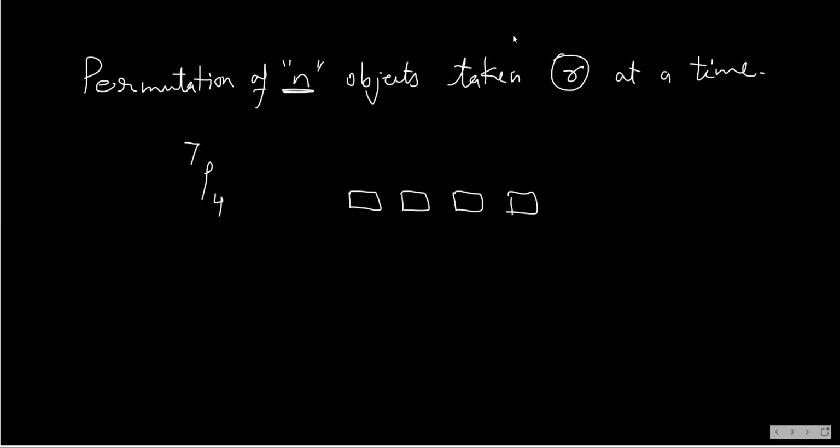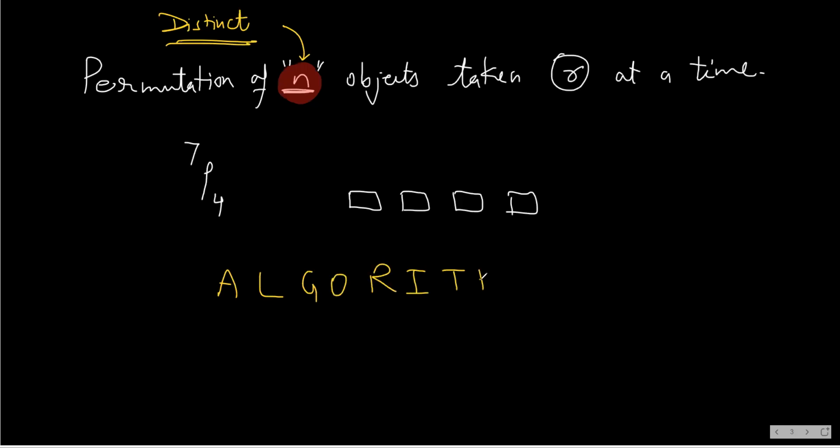But then, students, whatever we have done so far, all those n objects which we were given were all different, all distinct objects. Try to understand this. Not a single object was the same. For example, suppose I have the word algorithm. You remember we solved this problem.